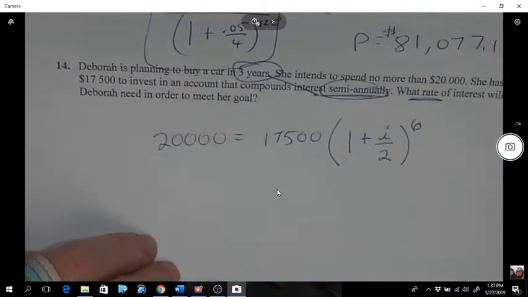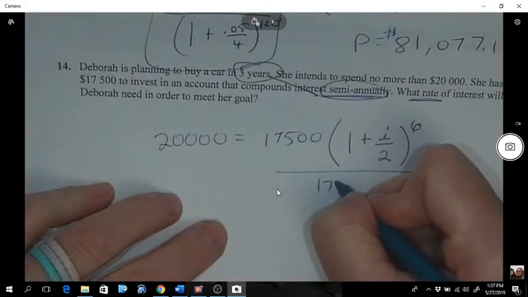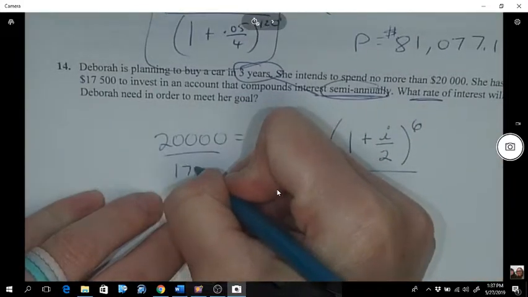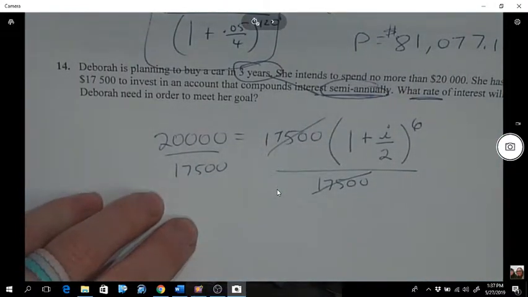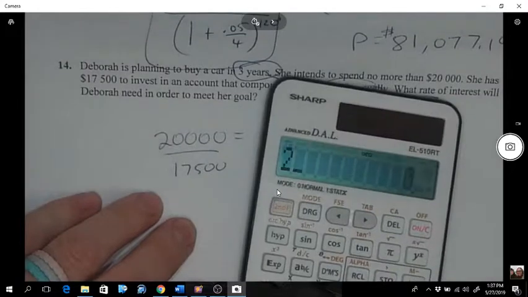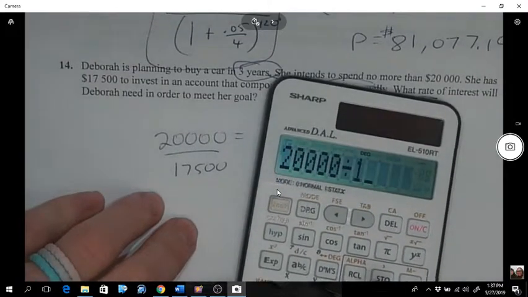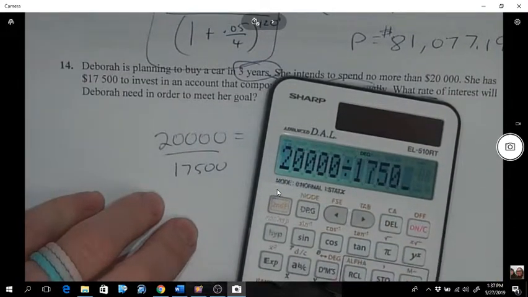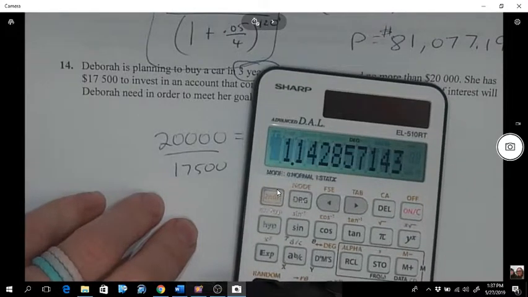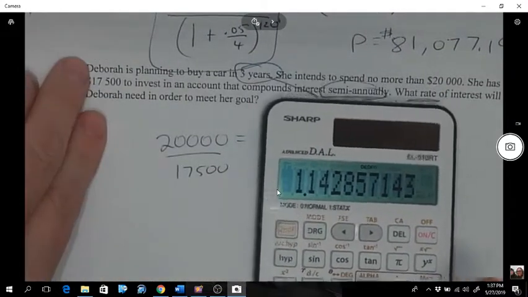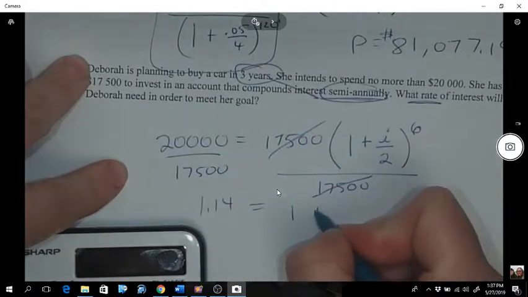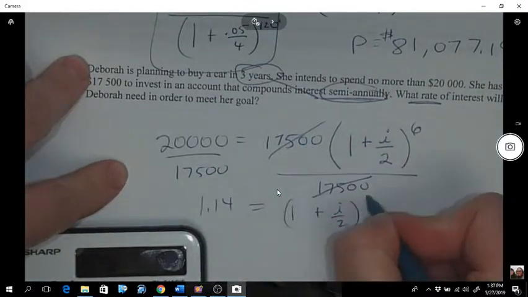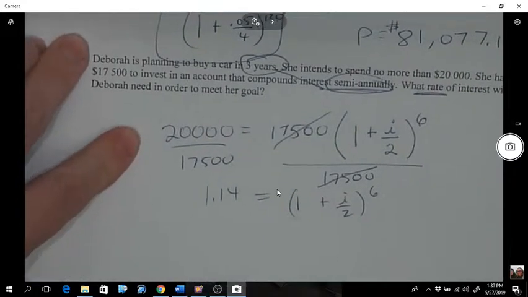Okay, so this one you're going to divide by 17,500. Okay, 20,000 divided by 17,500 is that. I'm going to just keep that on my calculator. And now I'm going to 6th root it.